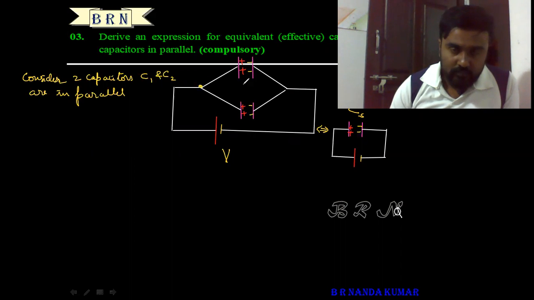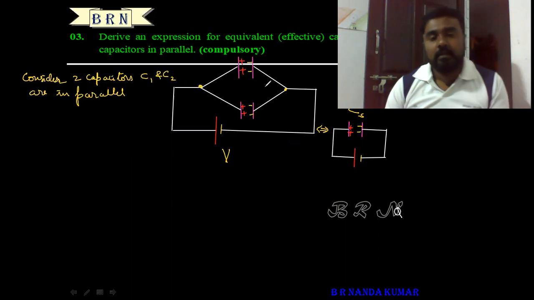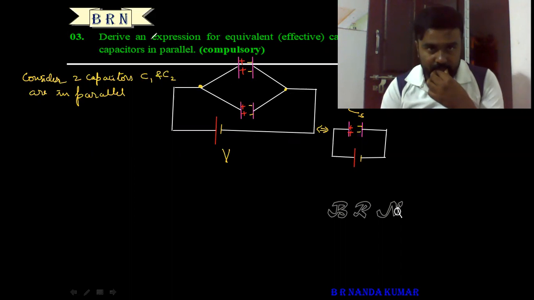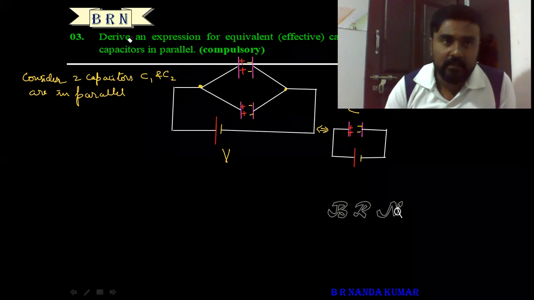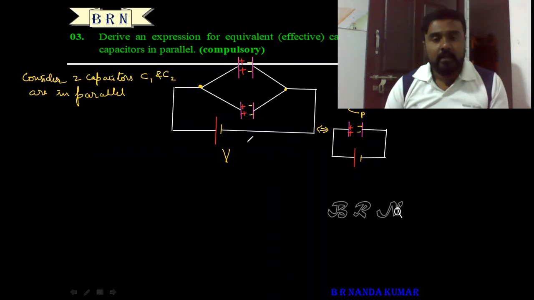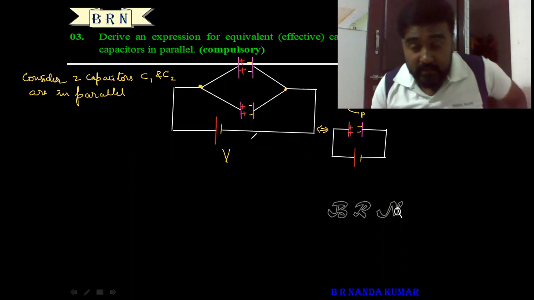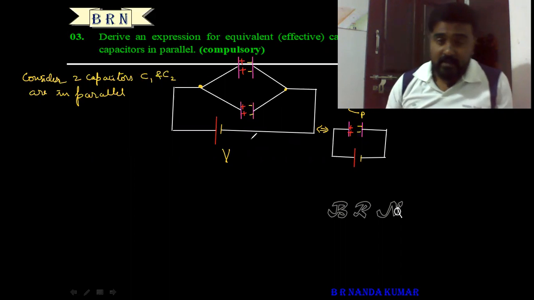This is the equivalent capacity, Cp. Equivalent capacity is the capacity of a single capacitor which produces the same effect as the combination.